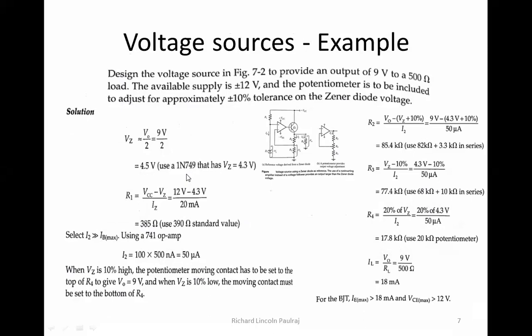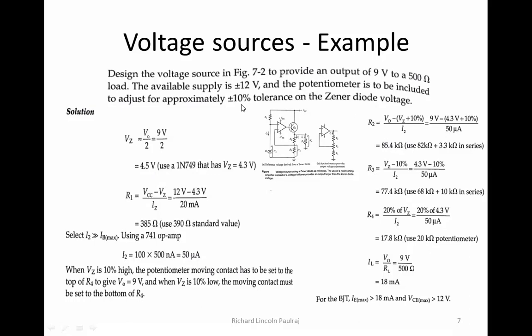One thing we kept in mind was that the Zener voltage will be exactly half. So 9 volts was given, so we used 4.5 volts. And ultimately we even designed R1. I2 was taken much larger than the base current, so 500 nano into 100 gives us 50 micro, and then we calculated R2, and then R3.